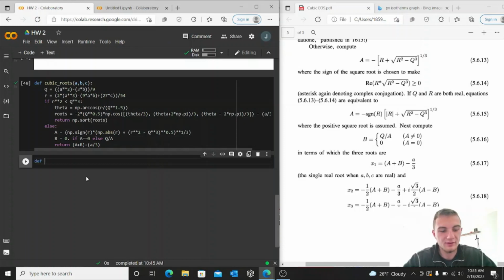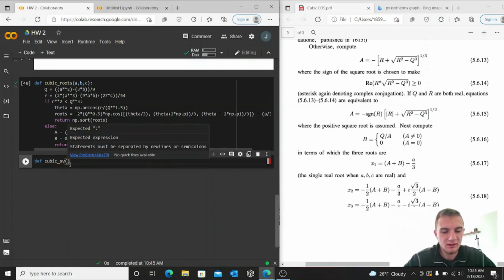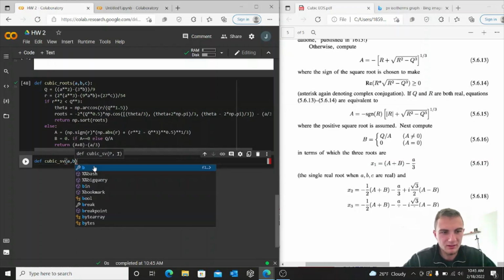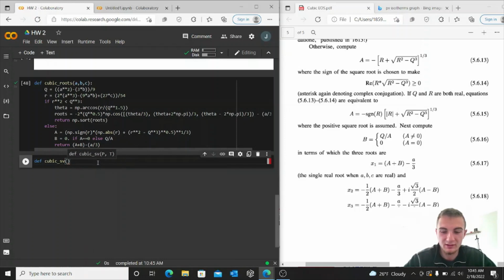So if we define a function that will return this specific volume, we'll call that SV for specific volumes, and this will take in our A, B, and C parameters, or actually no, excuse me, this will take in our pressure and temperature, since that's what we have been given in this problem. Okay, so put a colon there.